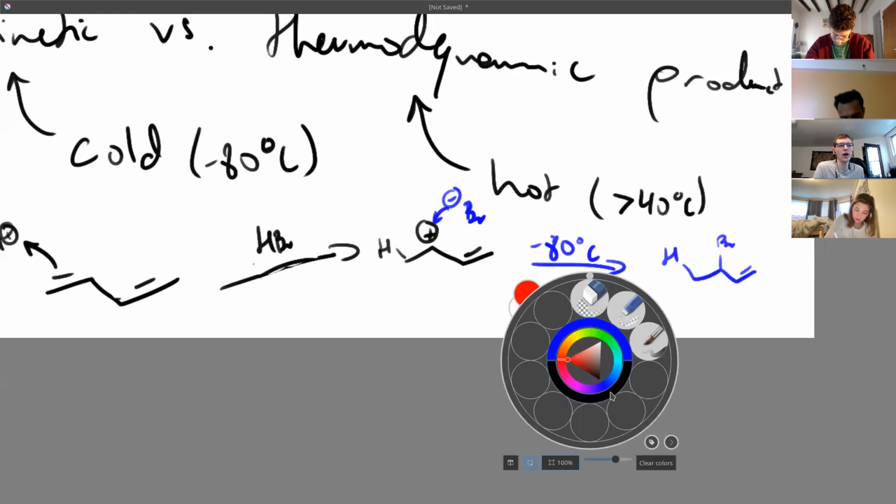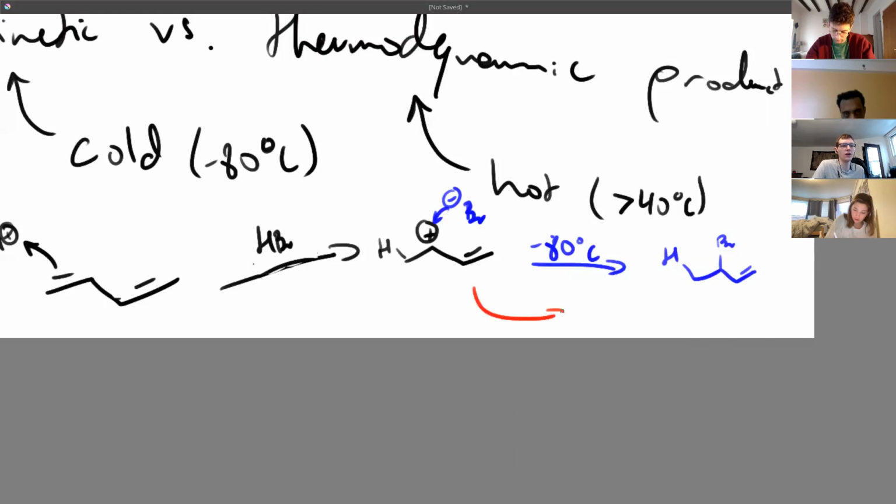All right. And now let's say it's hot instead. And now this one's red. It's hot. What happens is that this electron pair is going to move over because there's more time, right? Things happen a lot faster when it's really hot in the solution, so the electrons will be able to move a lot faster.